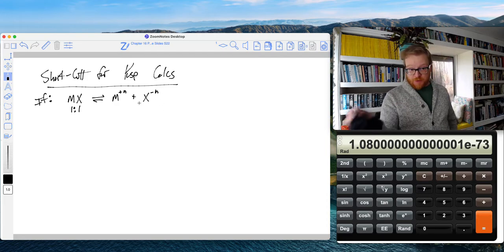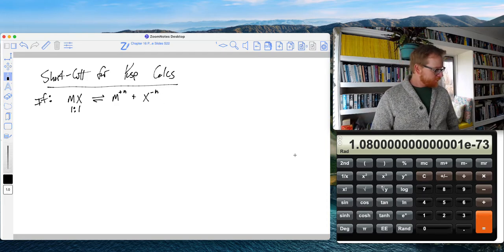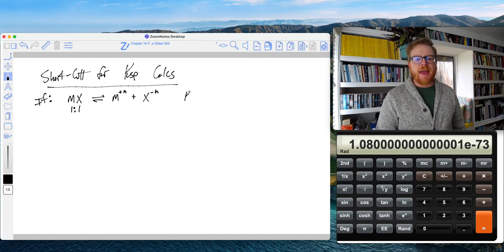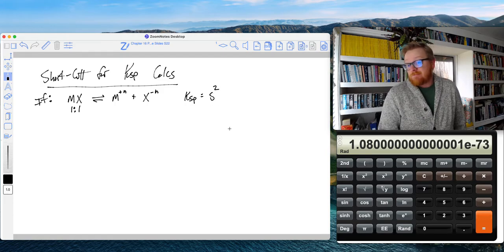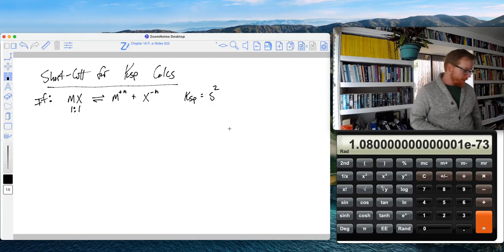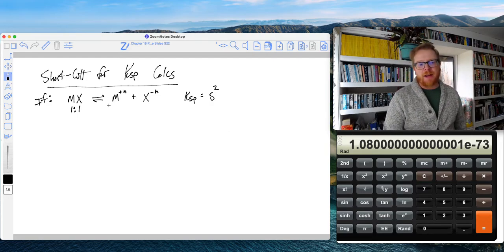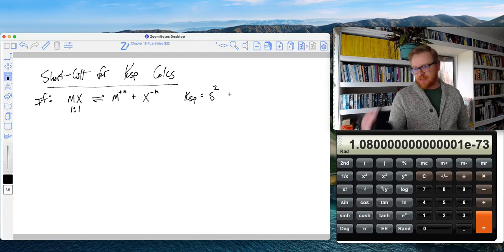Of course, those charges are the same. Then my KSP is always going to be s squared, just s squared, because back in our previous calculations, we called one of these s, we called the other s. s times s gives me s squared.